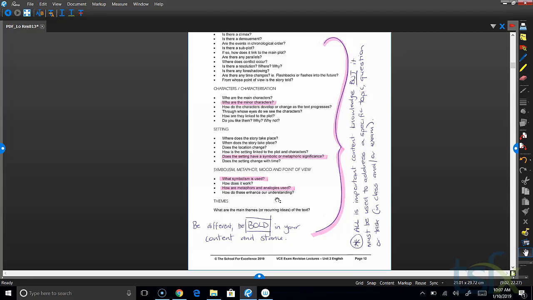There's no point, you can know a text back and forward, but if you don't know how to apply that knowledge to a specific essay question, then you might as well not know it at all. Number one, the most important thing you can do is respond to your essay question. I used to think when I was at school, I was smarter than that, that I could just memorize an essay and tweak it to fit whatever essay question I had.